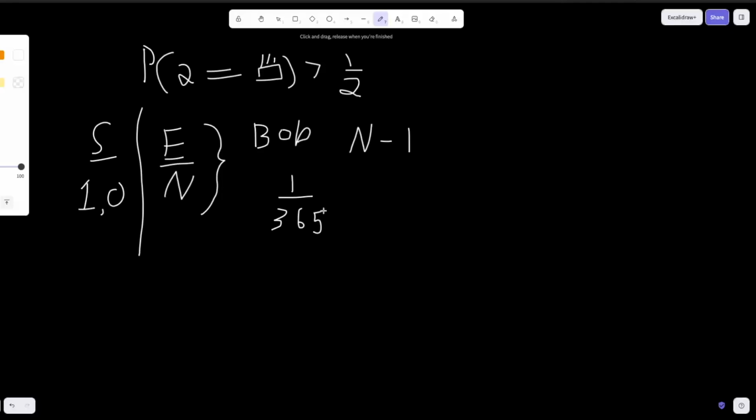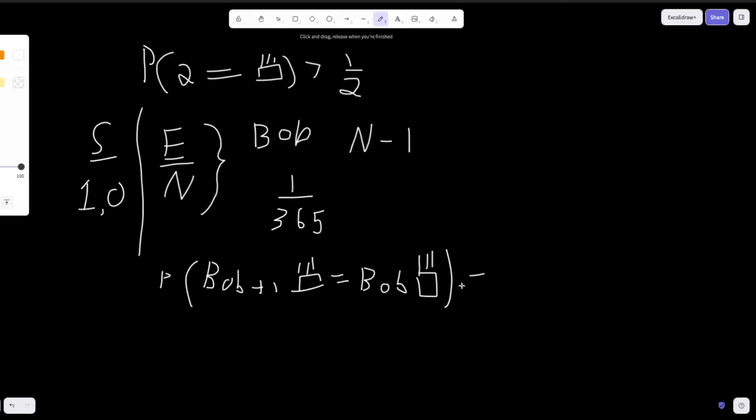Because Bob's birthday is one of those dates in the calendar, it's one day out of 365. So the probability that Bob plus 1's birthday is equal to Bob's birthday is 1 over 365.